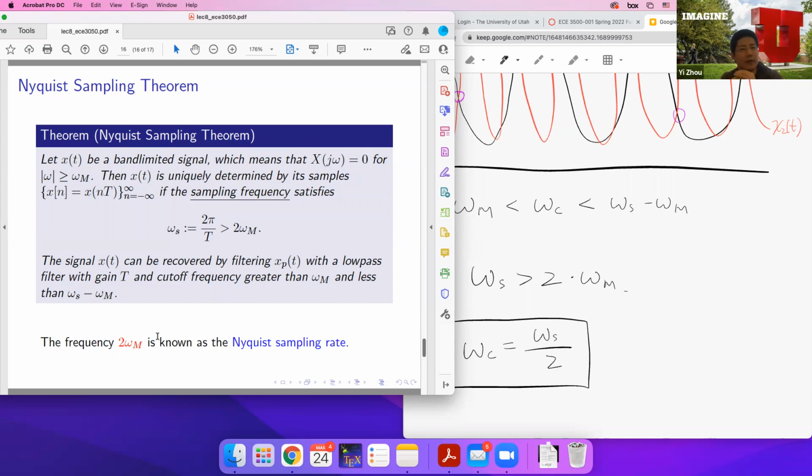Yeah. So the general idea is that if you look at the Nyquist sampling theorem, we leverage the band limited structure, right? That's the key structure that we are looking at. We are looking at the bandwidth of the signal, and that is in the sampling process.